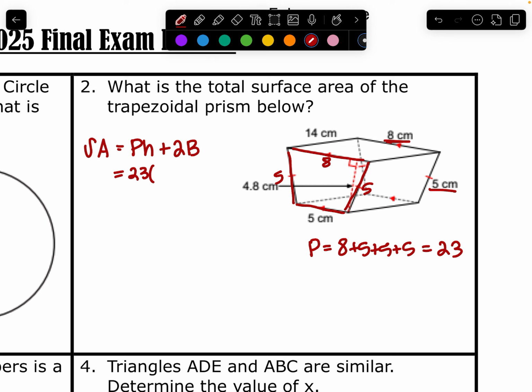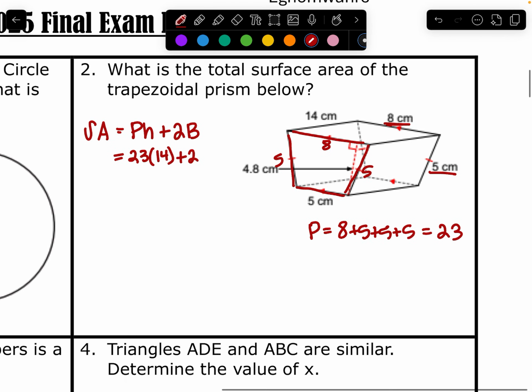And then the height of the prism is 14 plus 2 times base area. So base area is going to be area of a trapezoid, so we're going to use the trapezoid area formula. So 1/2 times the height of the trapezoid, not the prism height, but the trapezoid height, which is 4.8, times the lengths of the bases of the trapezoid.